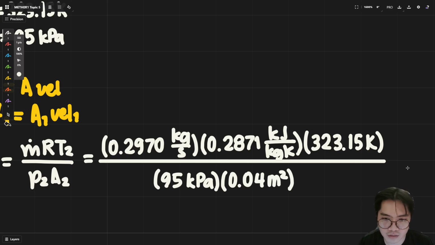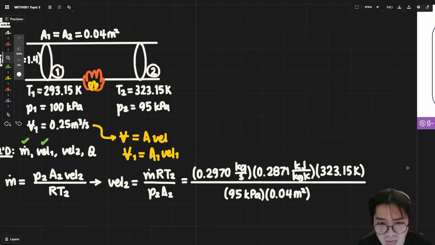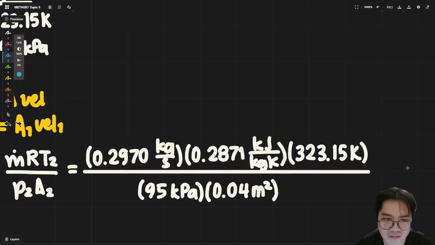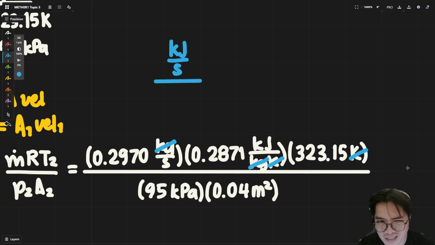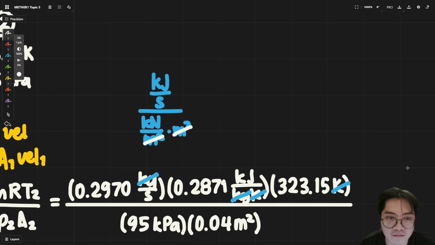Now look at everything, right? Let's look at the units, even though technically we don't have to. We already have tried this before. It should become vel2, but you know, it's quite fun. Cancel. You will have on top a kilojoule per second. Technically, that's a kilowatt already, but I digress. There is in here a kilopascal times a meter squared. We know that a kilopascal is just a kilonewton per square meter times a square meter. Cancel, cancel. You will now have this thing.